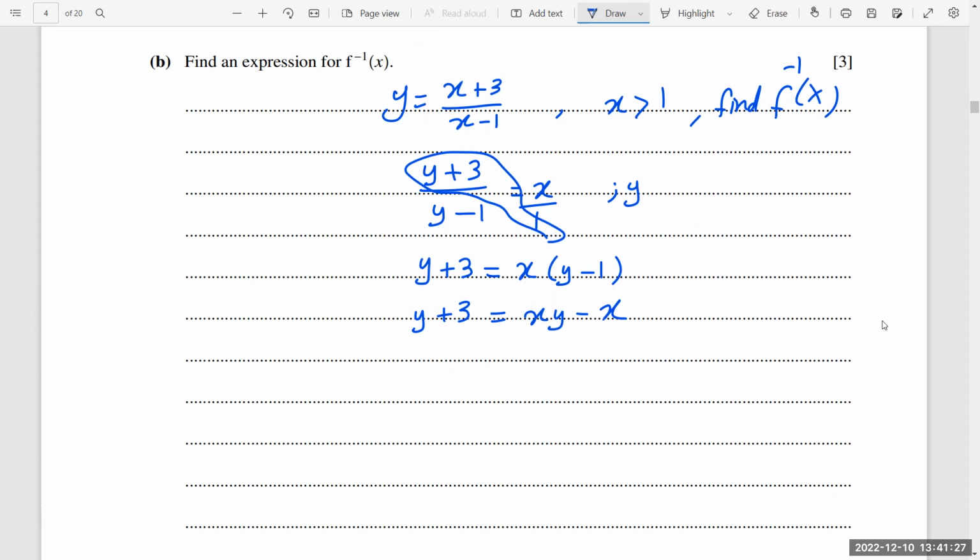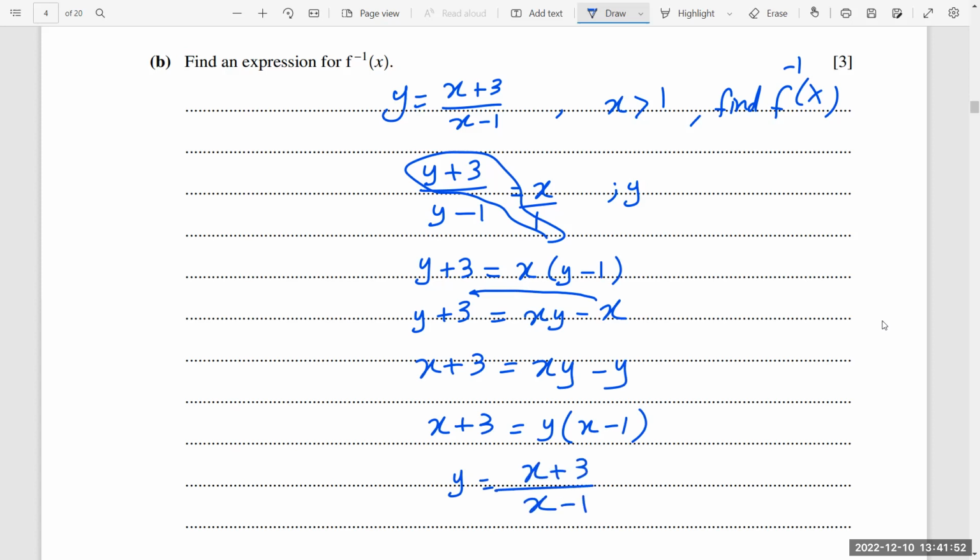So I just write xy minus y is equal to x plus 3. So by taking y as common factor, you have x minus 1 on this side, and here x plus 3. This x, I just move negative x here with the 3. So the y as a subject is x plus 3 over x minus 1.